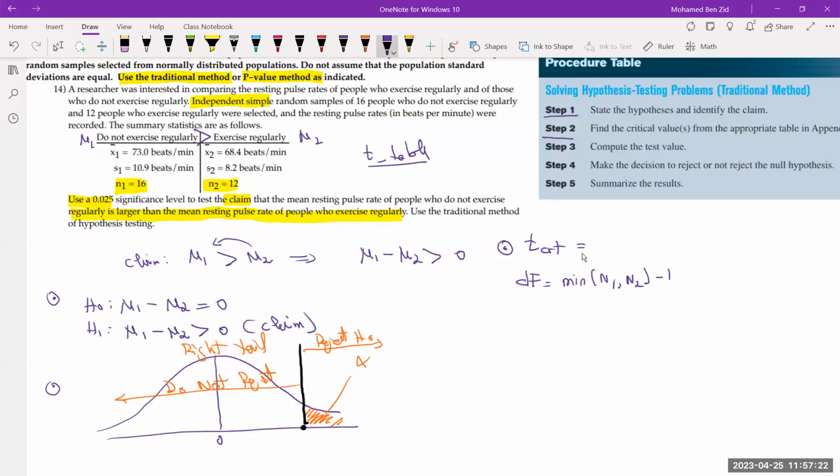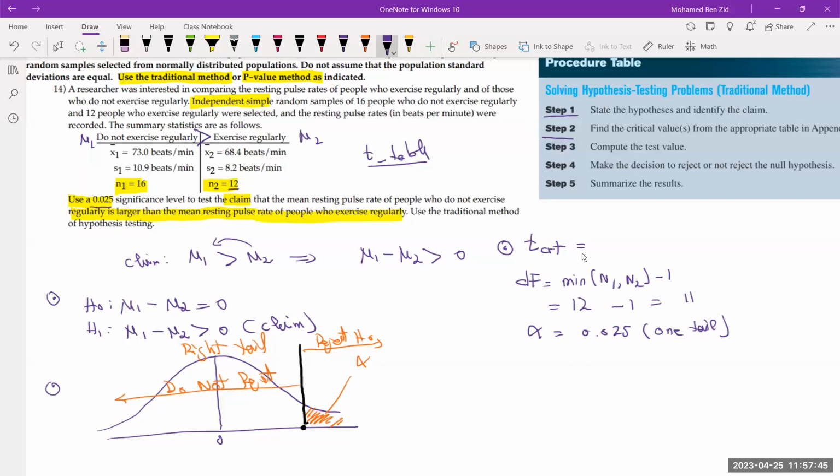So the smallest value is 12, and 12 minus 1 is 11. So that's your degree of freedom. Then you need the alpha. The alpha they give you here is 0.025. And you need to mention it is one tail, right?